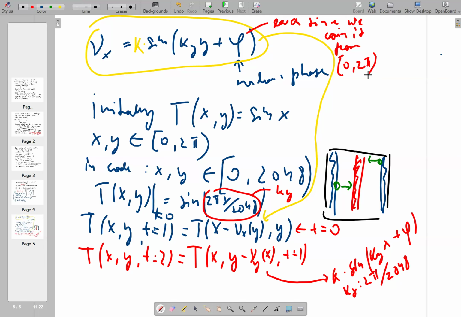Basically, what you want to do is, if you look at what we have here, we need to take the x value from somewhere else. As long as that value somewhere else is in the same range that we have, then there is no problem.